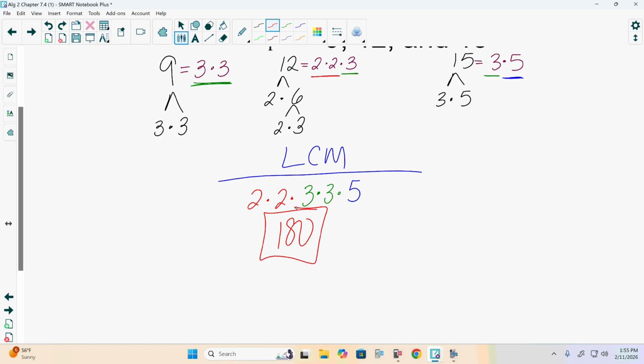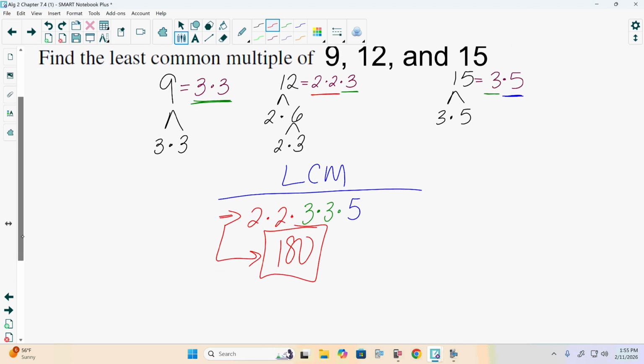Mm-hmm. 2 times 2 is? Yeah, you're good. Yeah, no, I wrote it out step by step to get there. But if we just plug it all into a calculator, we get 180. Yes. And it does help us figure out also what we need to multiply each one of these by to get to 180.